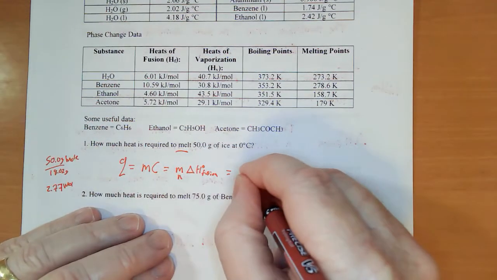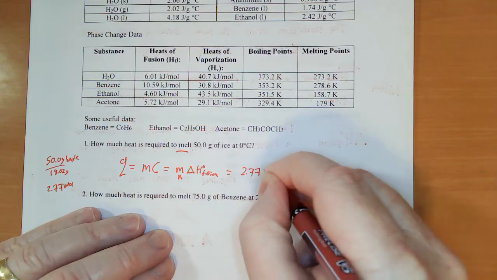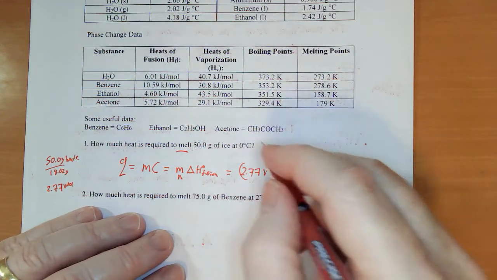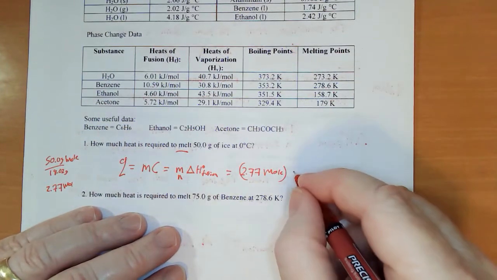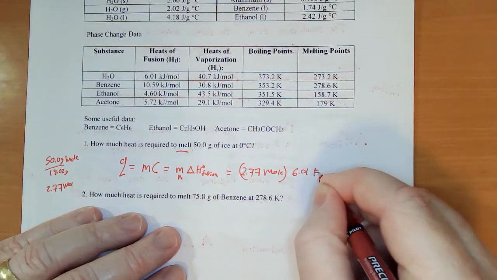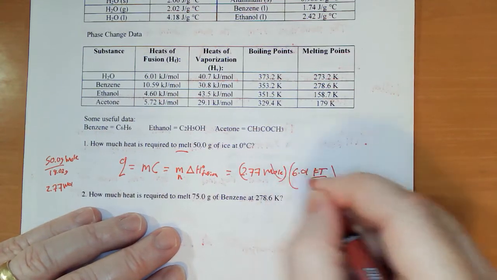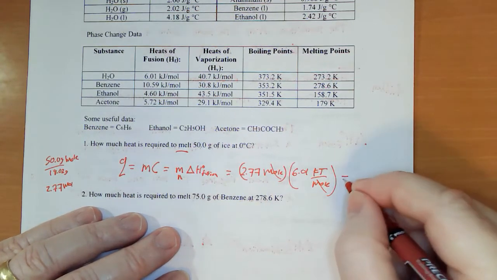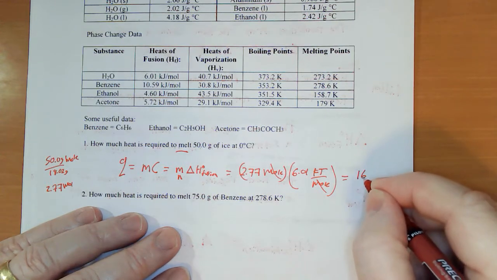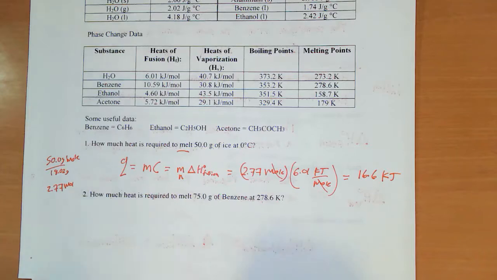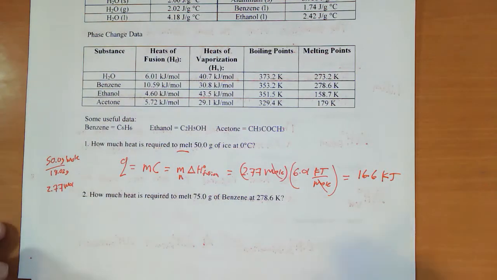Now this equals 2.77 moles times the heat of fusion for water, which is 6.01 kilojoules per mole. Moles cancels, and that is about 16.6 kilojoules. It takes a lot of energy there for that phase change to happen.